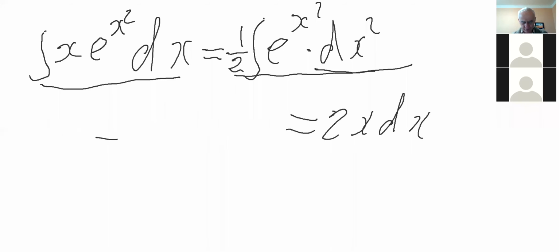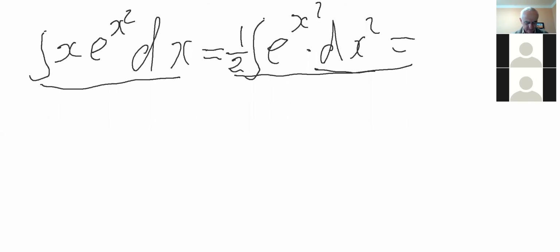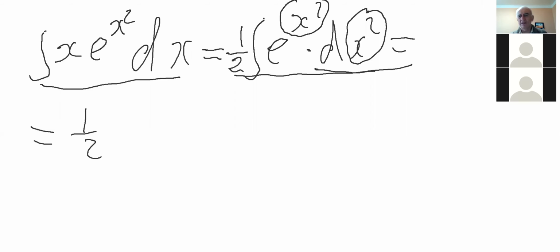And now I can continue. It equals 1/2, the same coefficient. And what can we say about this integral? In the power we have x square, and also here we have x square.